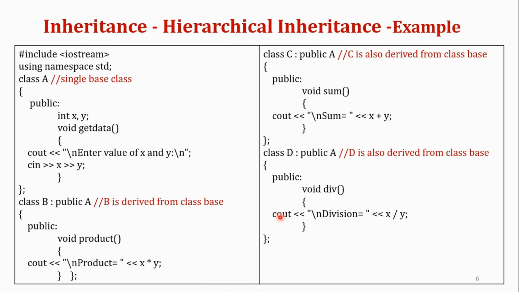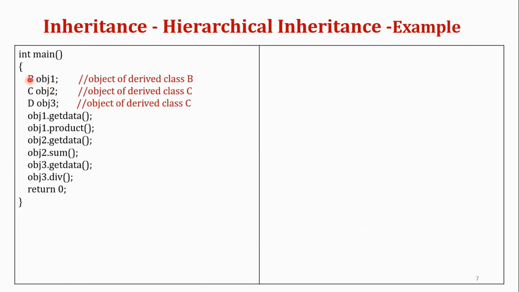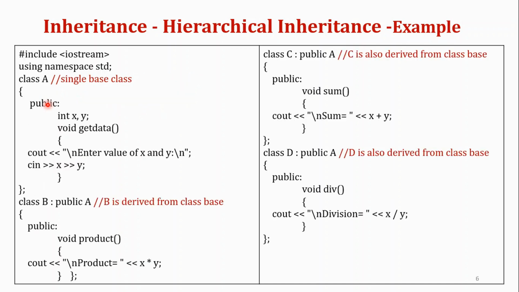For class B, class C, class D, three objects need to be created. Getdata is from the base class, available to class B, and similarly getdata for class C and getdata for class D. Similarly, product is available in class B, sum in class C, and division in class D. You can check out the code.